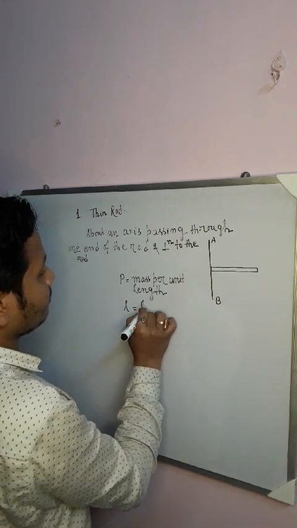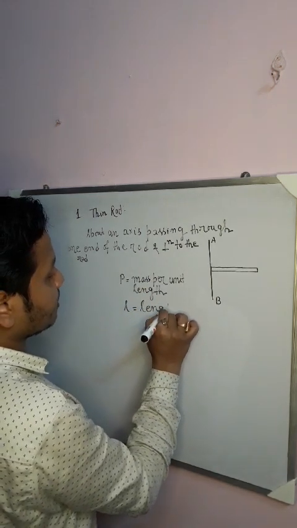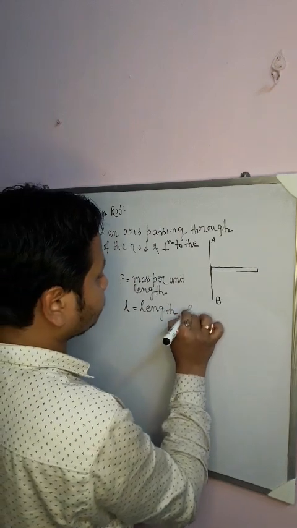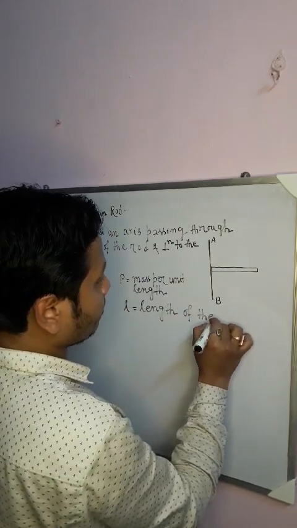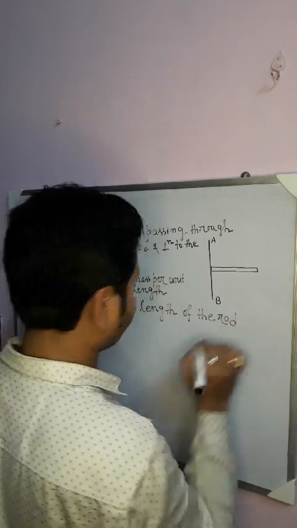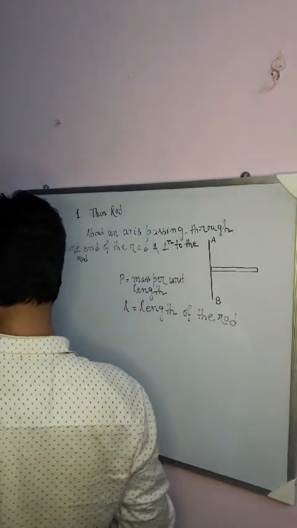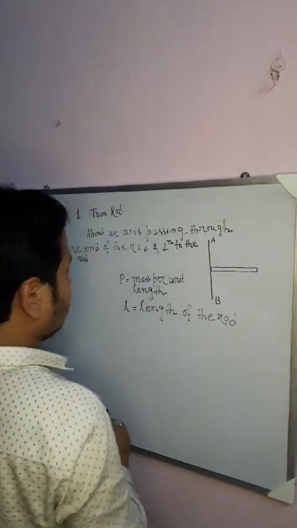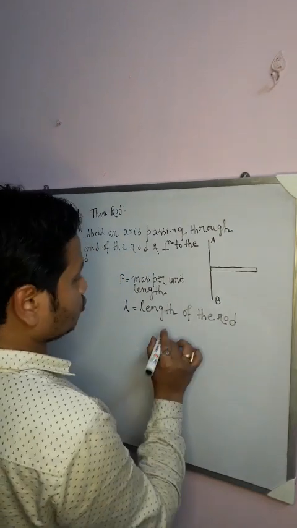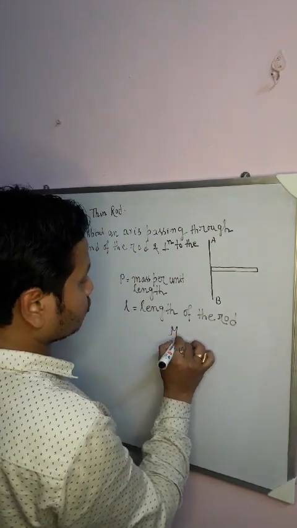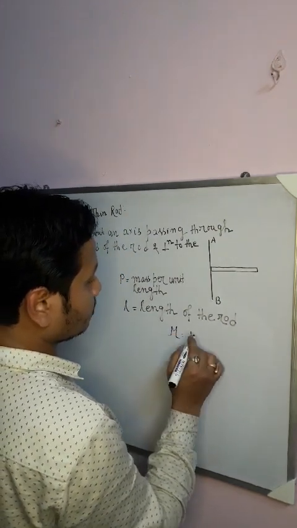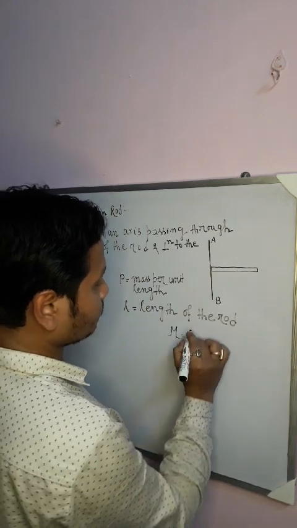L is taken as the length of the rod. So what will be the total mass of the rod? Simply the total mass of the rod is rho into L.